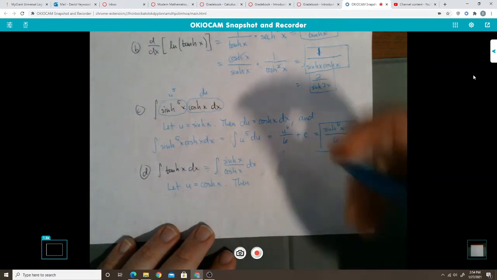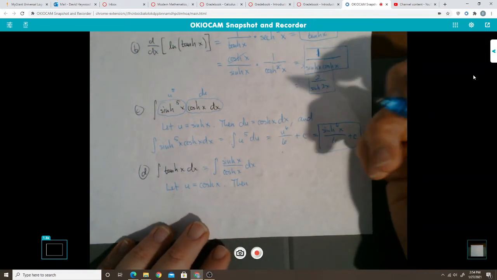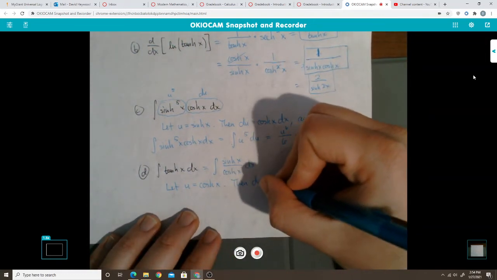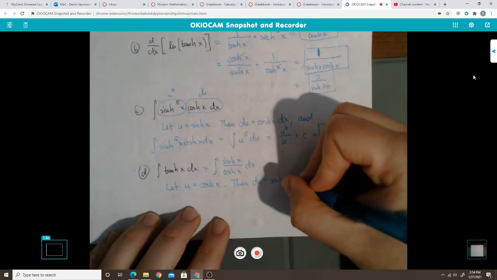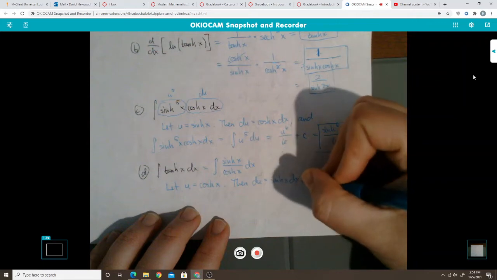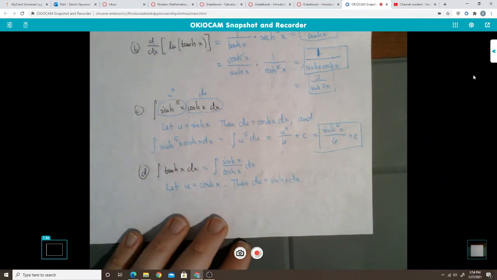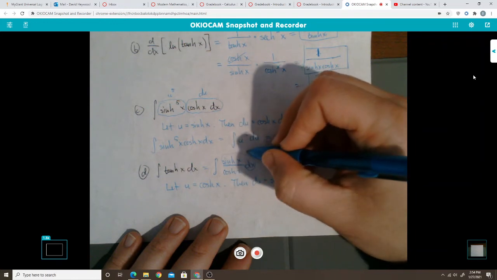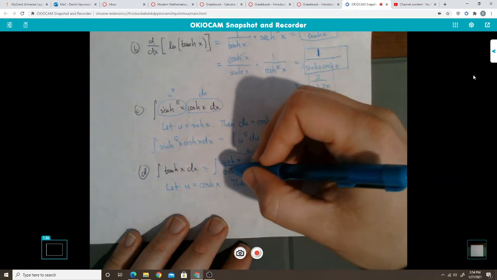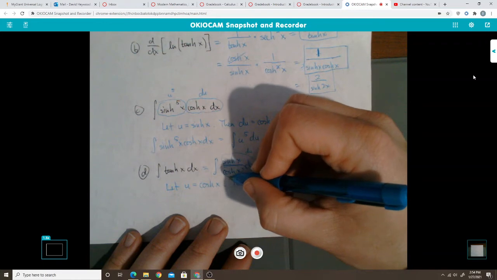You're going to be doing lots of those. So let u be cosh x, then du is the derivative of cosh, which is sinh x dx. So then this stuff is du, and this is just u.